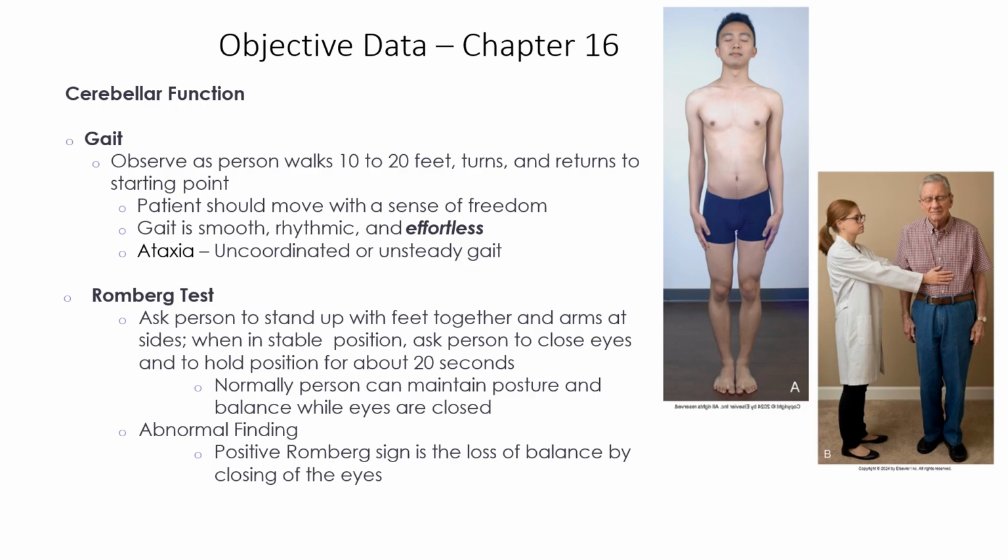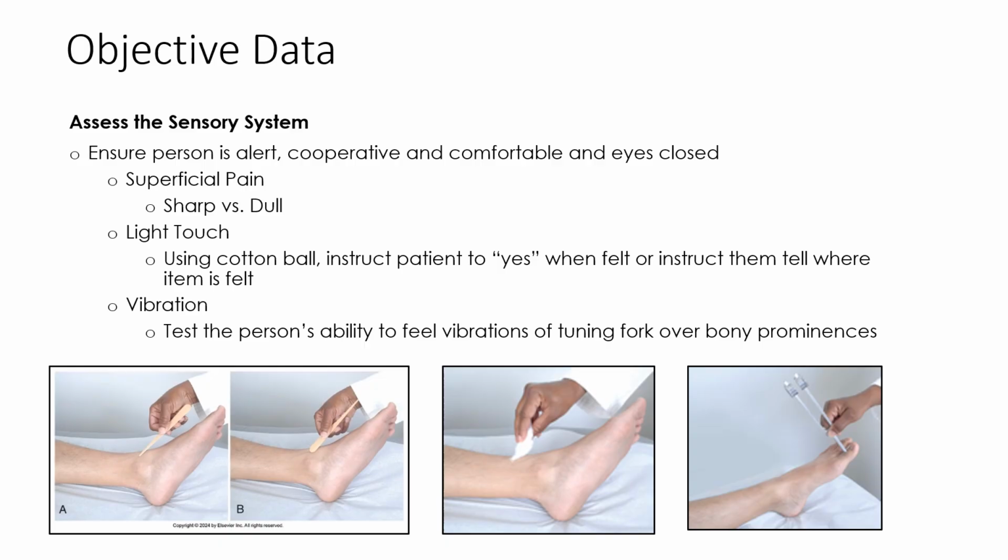A positive Romberg sign is the loss of balance when they close their eyes. We're checking for sensation. Can they feel us touch them? So you want to make sure that your client is alert and cooperative, they're comfortable, and they need to be able to close their eyes. So you're going to inflict a superficial pain.